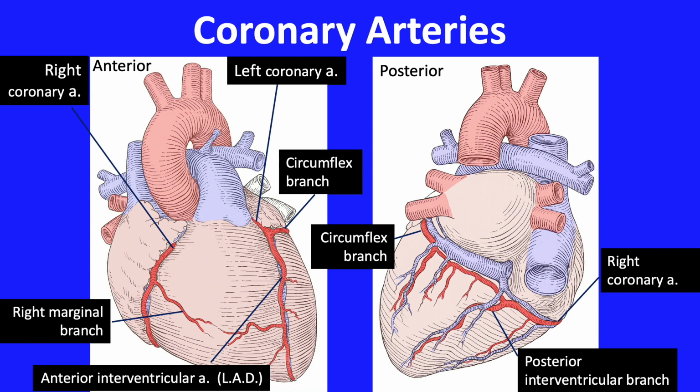I should emphasize that this coronary artery circulation pattern is the most common. Approximately 85% of us are what is termed right coronary artery dominant. That is, the posterior interventricular branch arises from the right coronary artery.